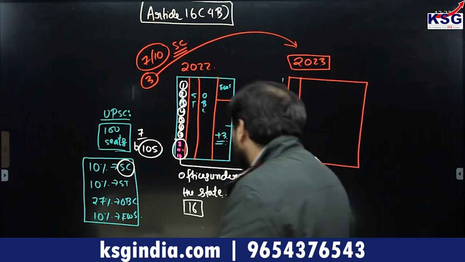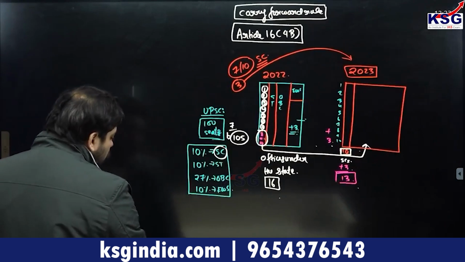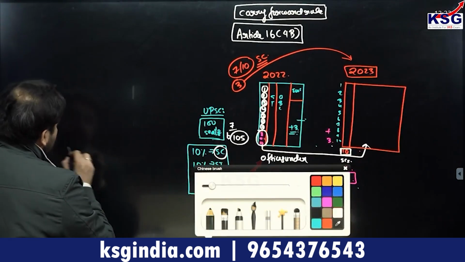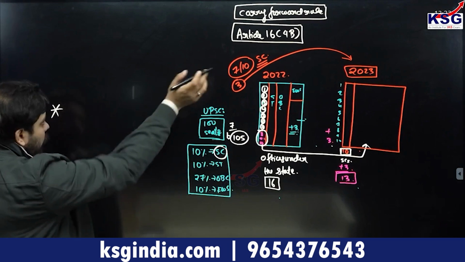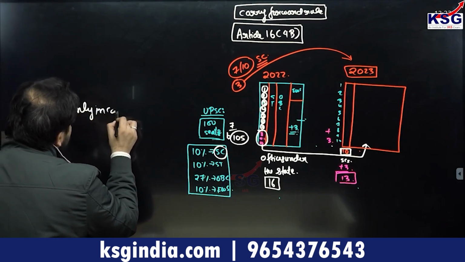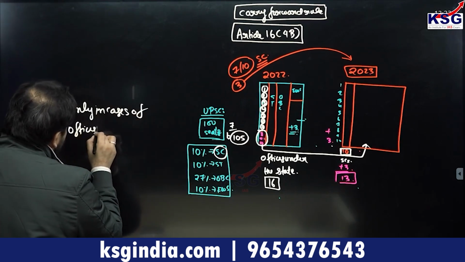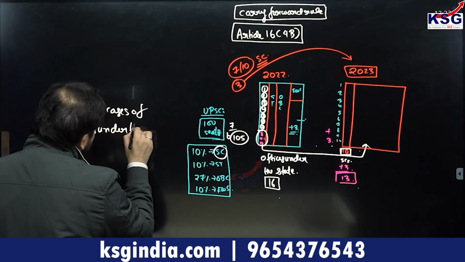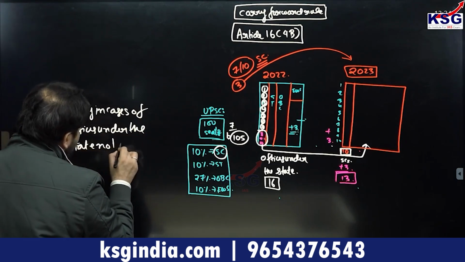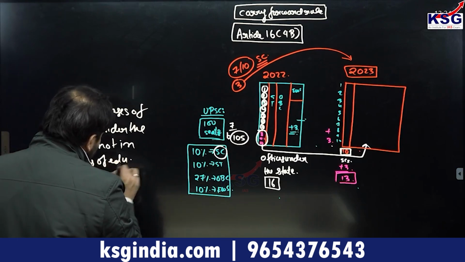Now, a few things you have to remember for the carry forward rule. This is how you can explain the carry forward rule under Article 16 clause 4B. What are the points to remember? Point number one: it applies only in cases of offices under the state, not in cases of educational institutions.